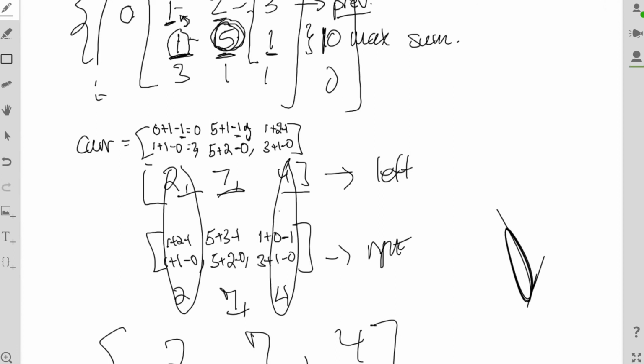So we're going left, and then we're going right, and then we're comparing the values that come from it, and we're finding the max, okay? And that gives us our next array, right?